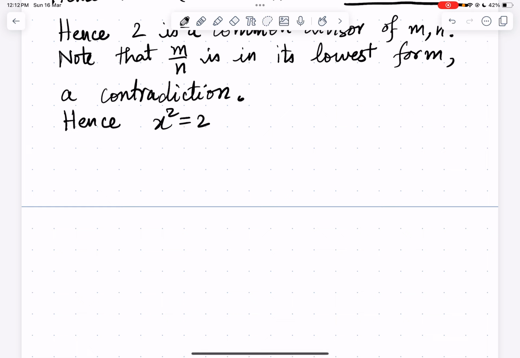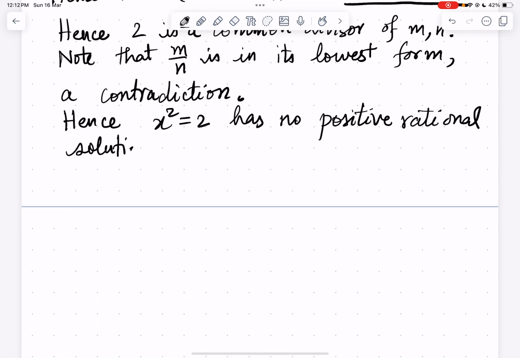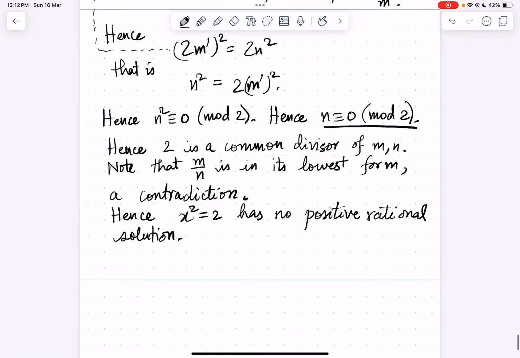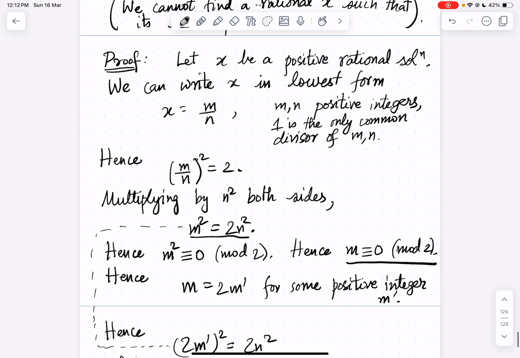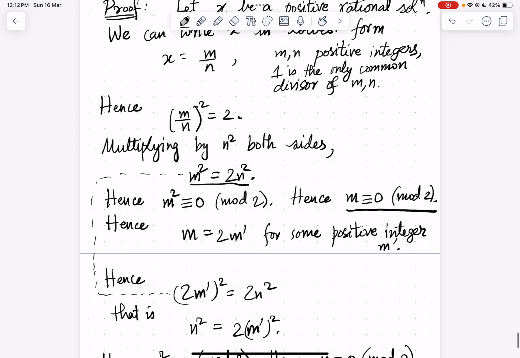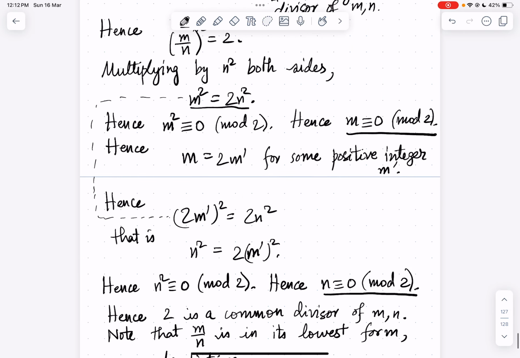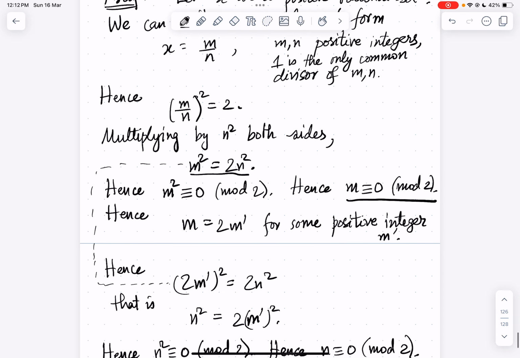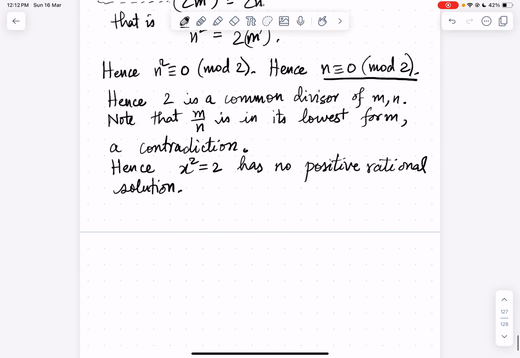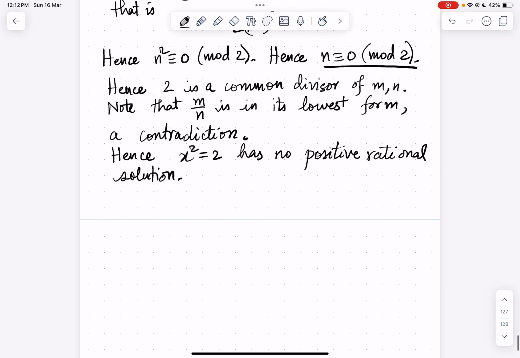Hence x square equals 2 has no positive rational solution. If at all it had some positive rational solution, we got a contradiction. So x square equals 2 has no positive rational solution.